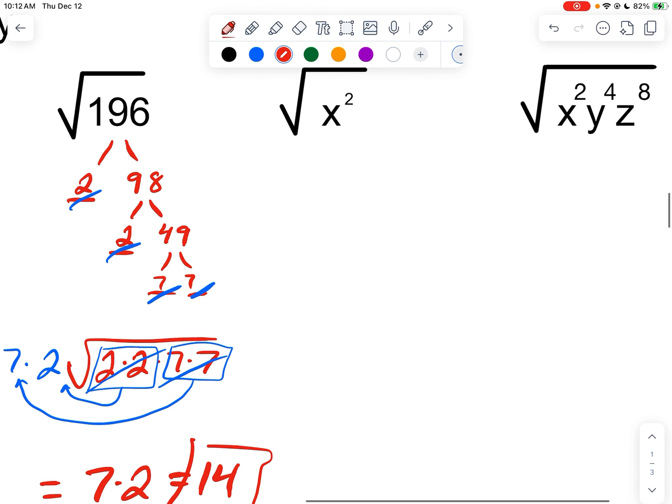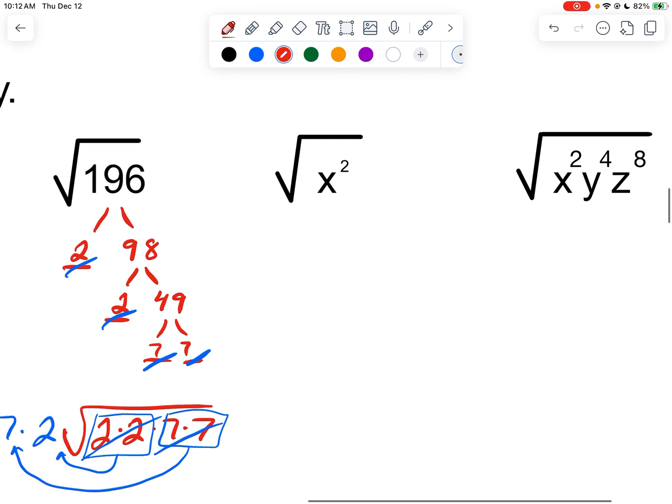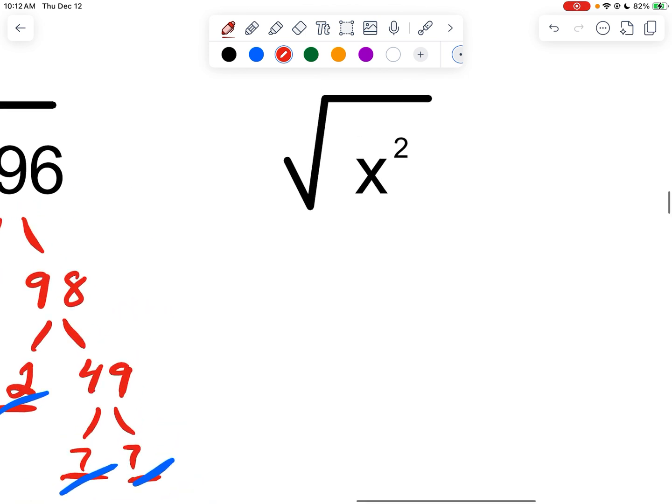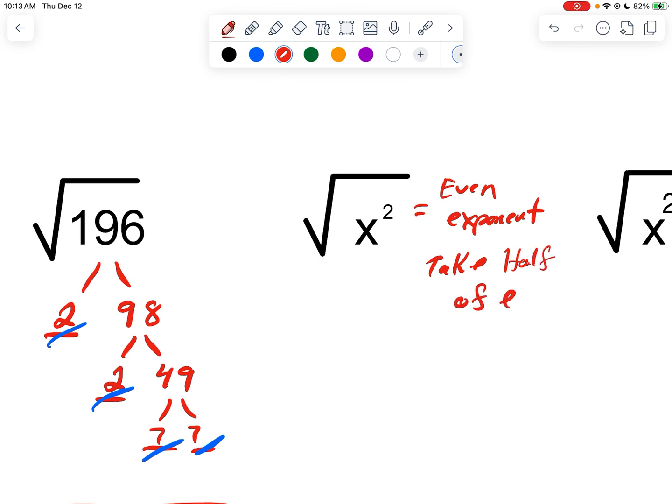Now, they might try to throw letters in at us when it comes to these ones, and the question is, well, how do we deal with the letters? Well, when you have letters and you're dealing with square roots, you want to look for even exponents, okay? So since this one has an even exponent, I can simplify this one a lot easier. We're just going to take half of the exponent.